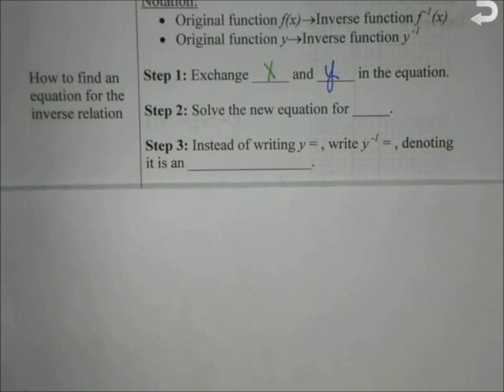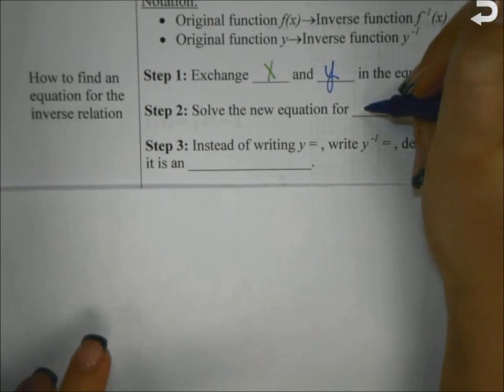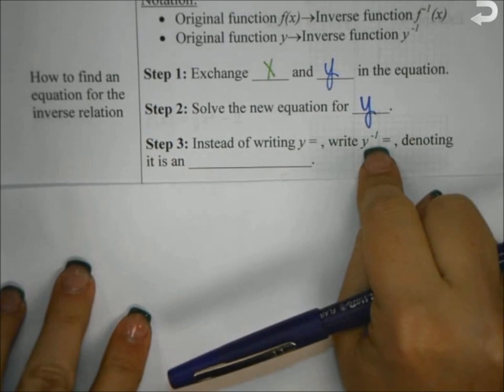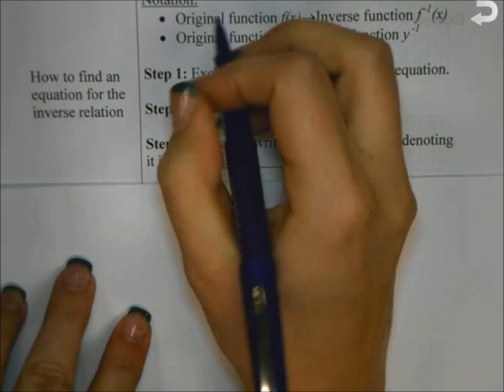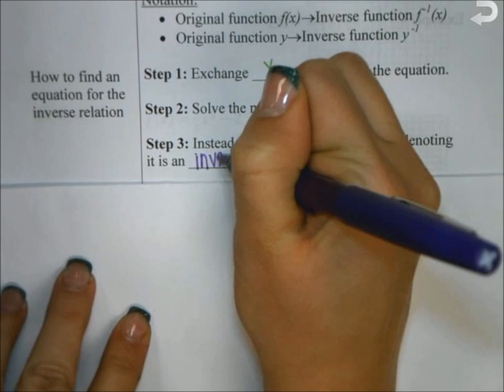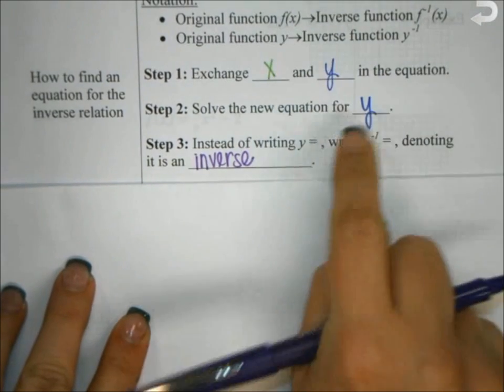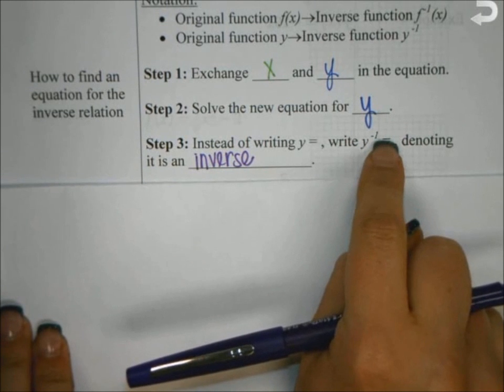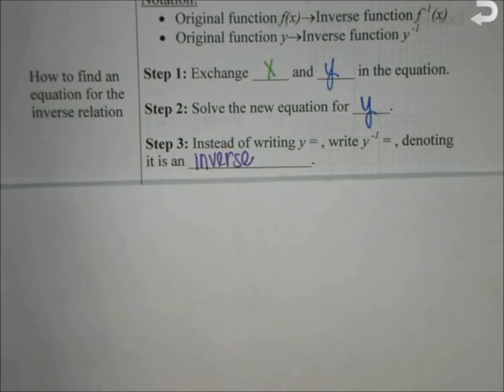Then we solve that equation for y, using the regular solving methods we've been doing all year. After we've solved for y, instead of writing y equals, because we're finding the inverse, we rewrite it as y to the -1, denoting that it is an inverse. That way we know that what we found is actually the inverse of something.